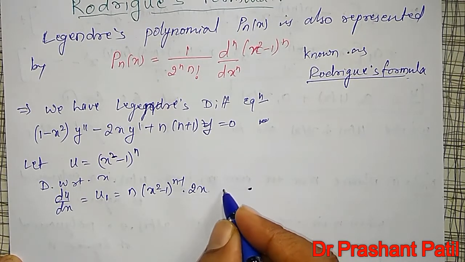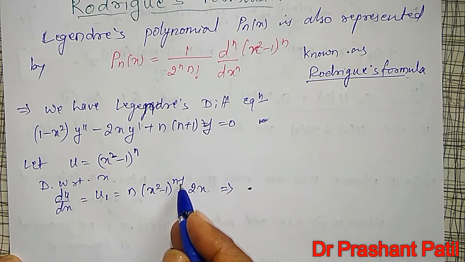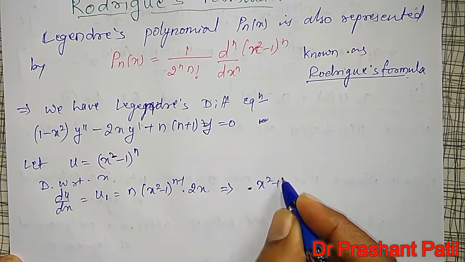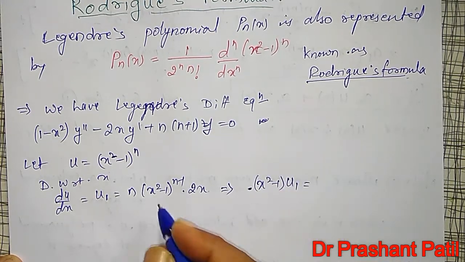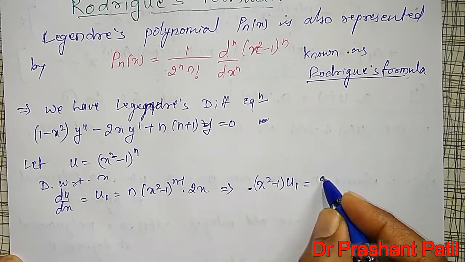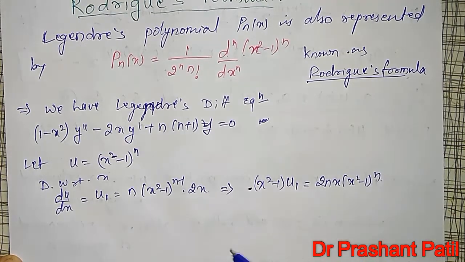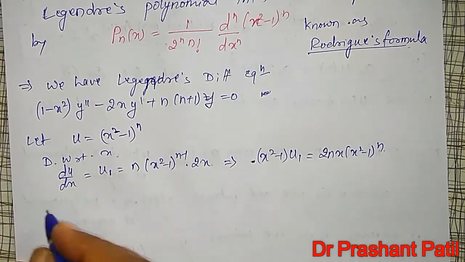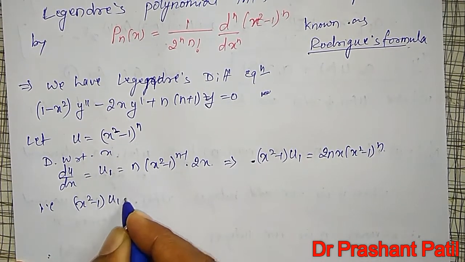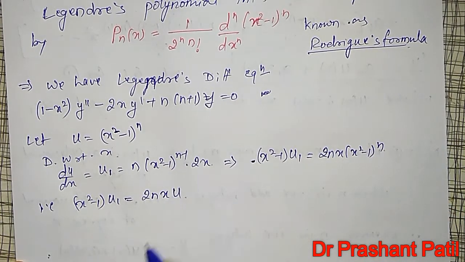Simplifying this, I will shift (x square minus 1) raised to minus 1 to the other side, into 2nx into (x square minus 1) raised to n, so I can write it as (x square minus 1) into u1 equal to 2nx into, this is nothing but again u.